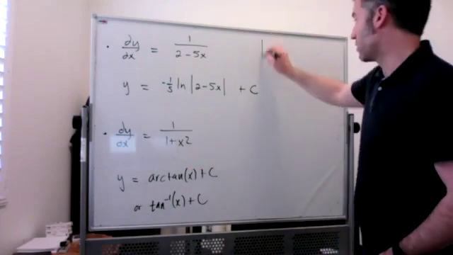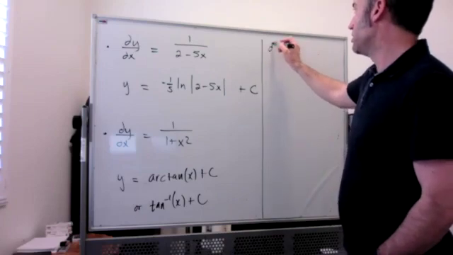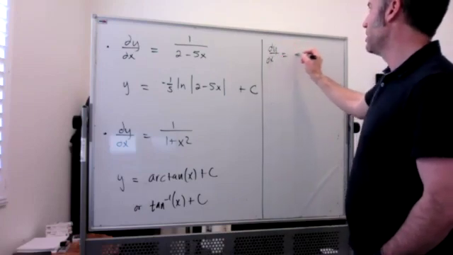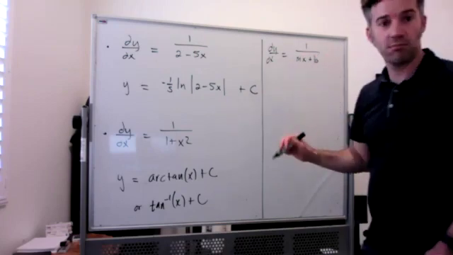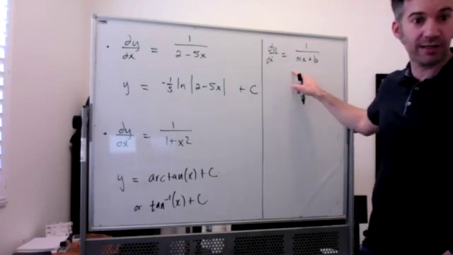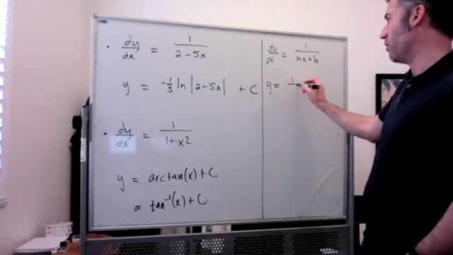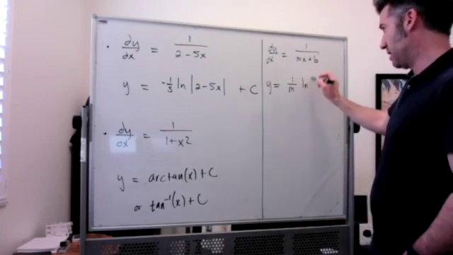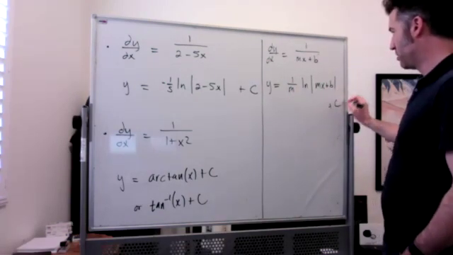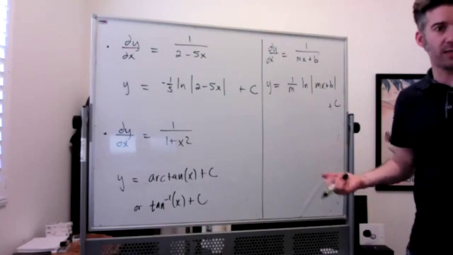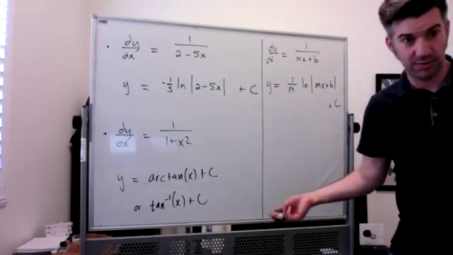So for example, if your dy dx is 1/(mx plus b), a linear function of x, then your antiderivative is 1/m times the natural log of the absolute value of mx plus b plus c. Always works that way. And for other things that aren't linear, you have to do something else.